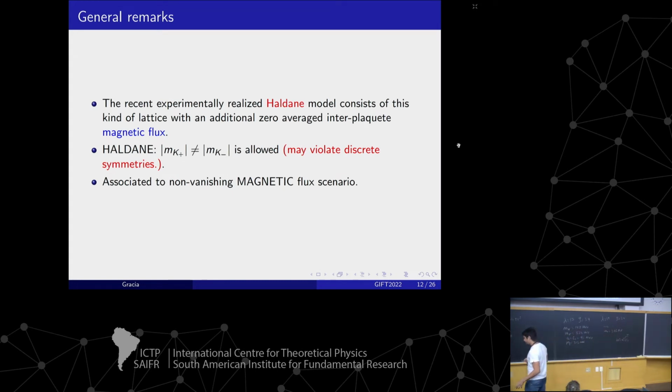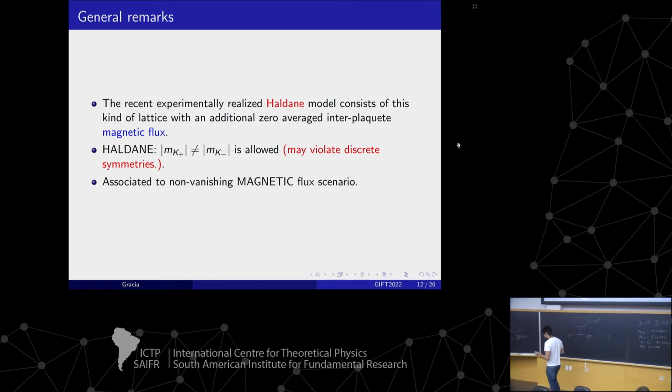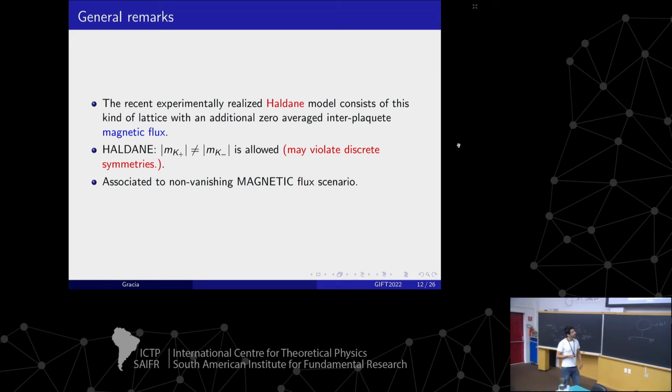The Haldane model is a theoretical model with intrinsic magnetic flux between the plaquettes. But the interesting point is that the Haldane model violates discrete symmetry due to the presence of intrinsic magnetic flux. And then we don't have a relation between the valley masses.